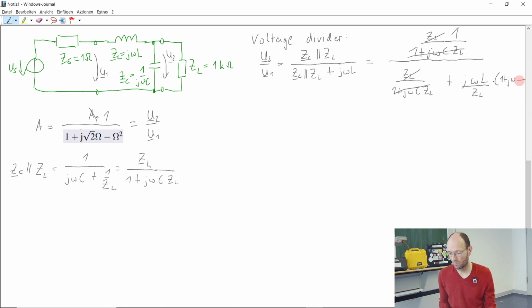The drawing pad does not work nice towards the corner. Okay, so then if we just copy this, so in the numerator we now have a 1, and here what is left is also a 1, and then we have 1 plus J omega L divided by ZL multiplied with 1 plus J omega C ZL.